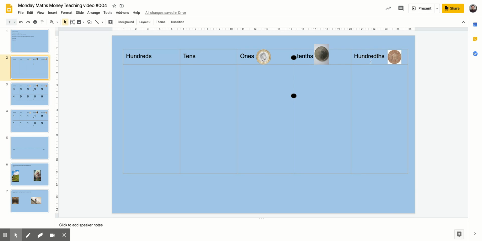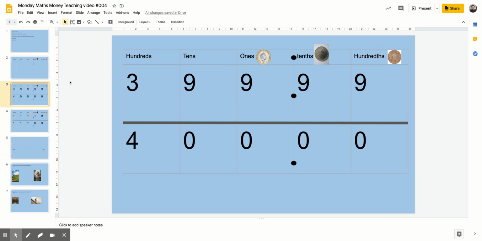And then we've got hundredths, which in this case with money, is our 1p, and it's called hundredths because £1 has been split into 100 parts, and each penny represents one of those hundredths there. So the hundredth is the smallest value here, and the hundreds is the highest value on this chart. It does go further up after hundreds as well.